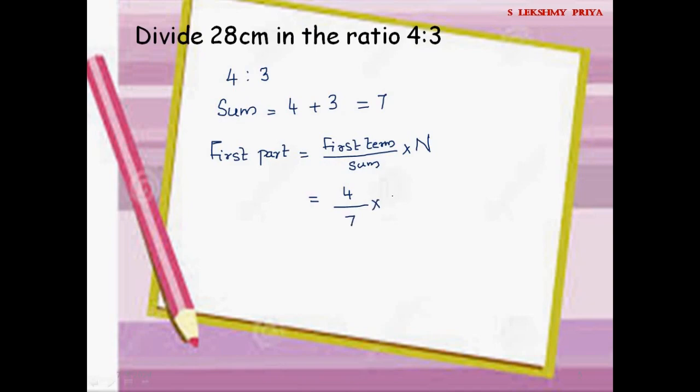The number to be divided is 28. So we can solve this one. 7 and 28 get cancelled with each other. 7 times 1 is 7. 7 times 4 is 28. So it will be 4 times 4, which is 16. 16 centimeter. We are dividing 28 centimeter, right? So the first part is 16 centimeter.